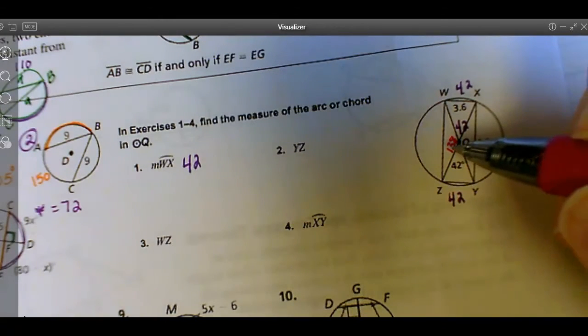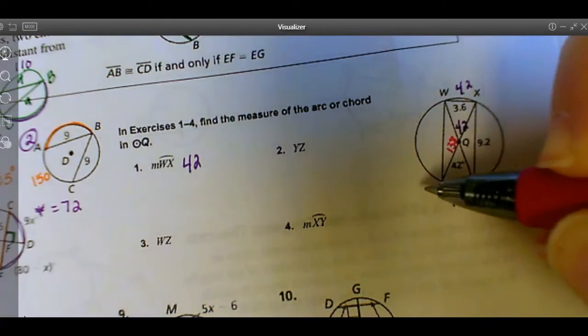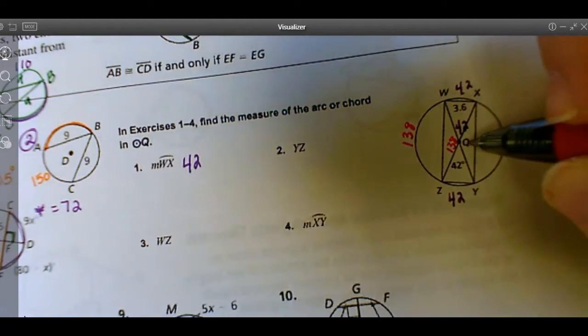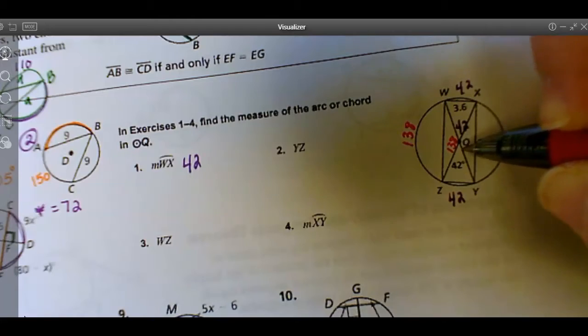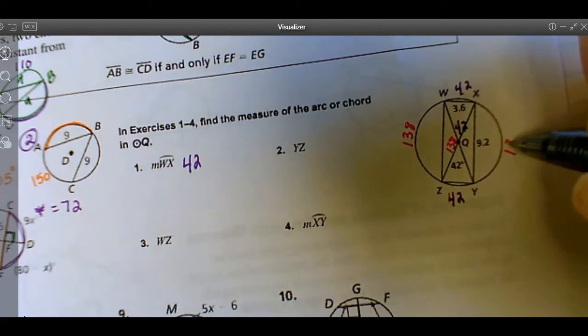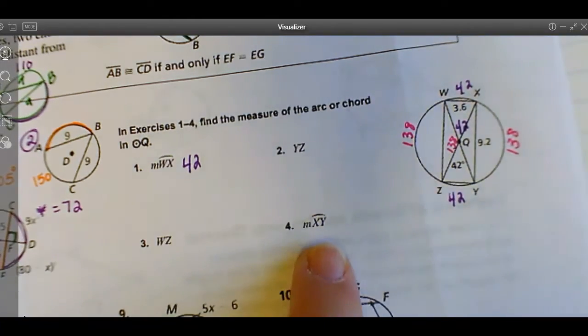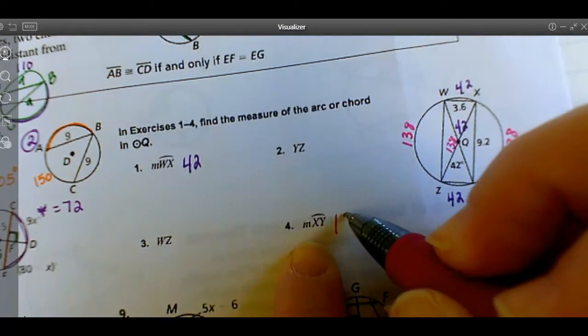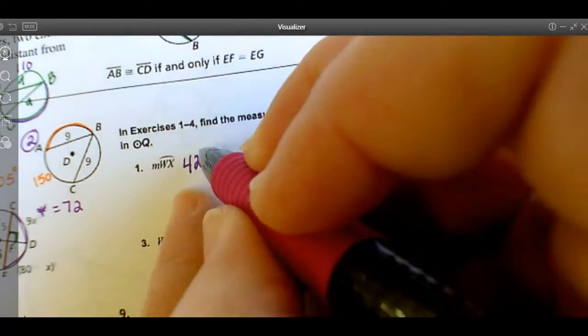And if that angle is 138, that means the arc is 138. And then I can do the same thing over here. I can do 180 minus 42 to get this angle. It's also 138. So when I come down here to this arc, XY, I know that that's also 138. And both of these are degrees.